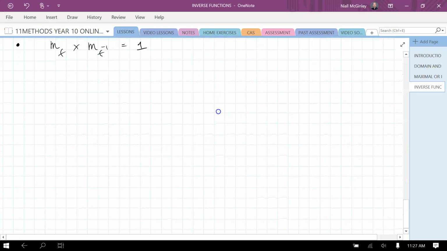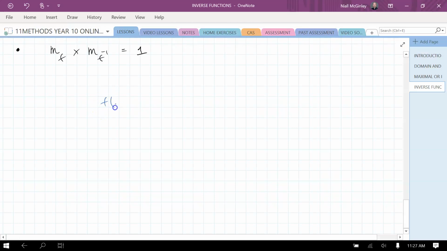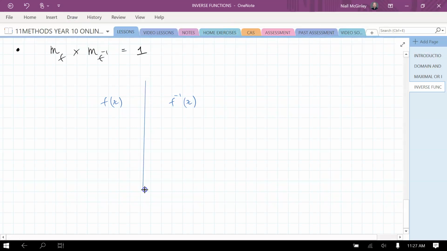Alright, so let's just look at a few coordinates here. If I list some coordinates that we've got on our function, and then this is the notation for our inverse function, f to the minus 1. Let's make up a little table here and consider some coordinates.